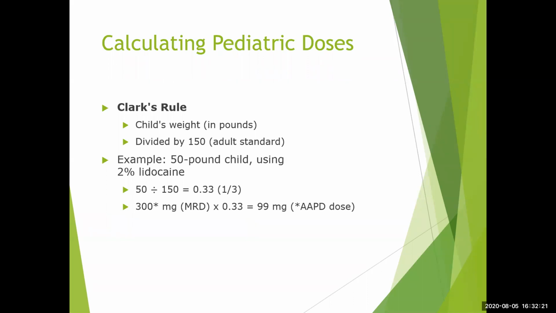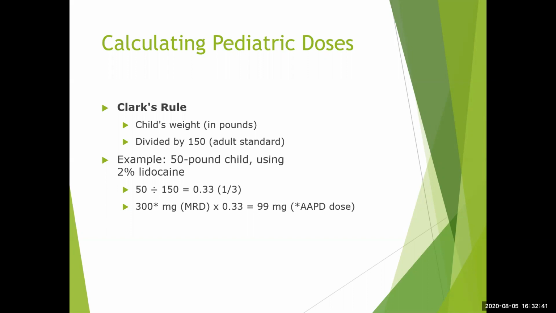An example would be a 50-pound child where you're using 2% lidocaine. You divide the child's weight, 50, by 150, and this gives you 0.33, or a ratio of 1/3.